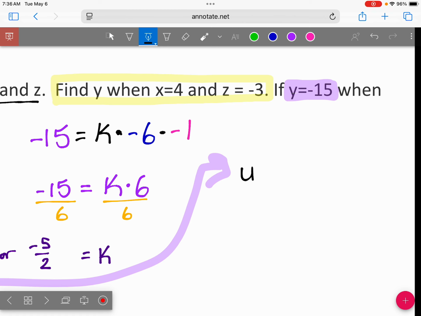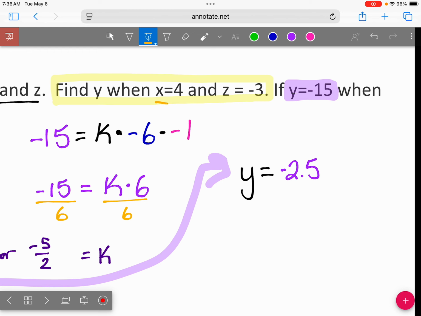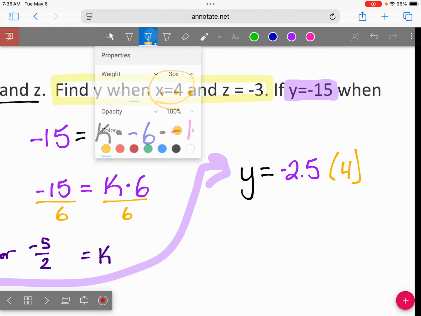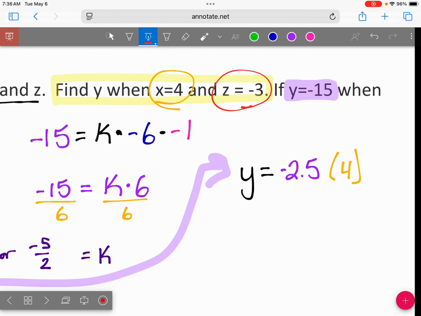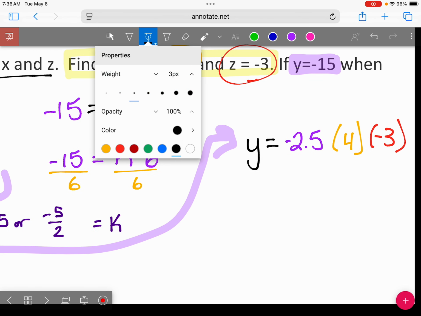We're trying to figure out what y is if we know our k is negative 2.5, and we're going to multiply it by our x, which is 4, and our z, which is negative 3. So we need our negative 2.5 times 4 times negative 3.